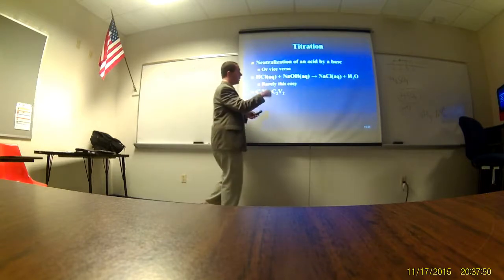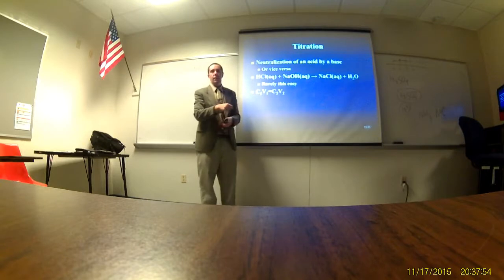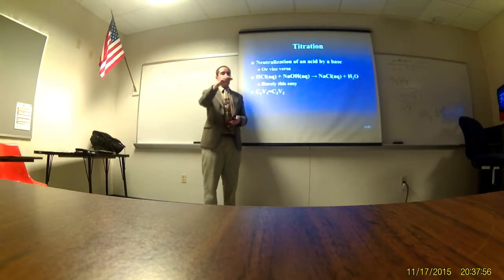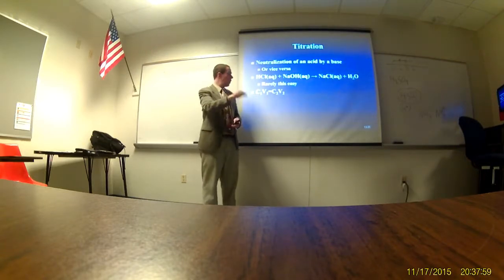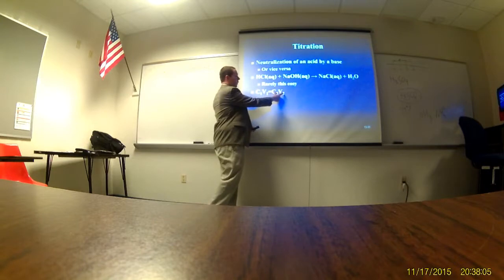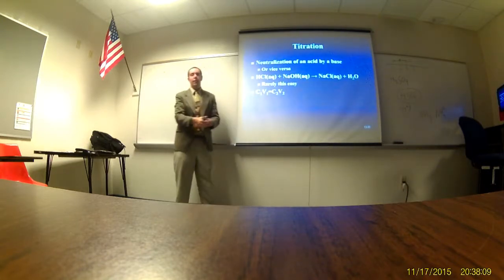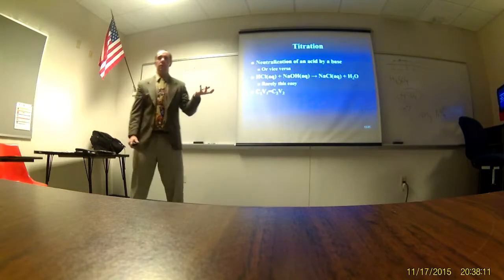You can add, drop by drop, a base that you know the concentration of, and when you hit the point where the color changes, you know the two are equal to each other. You look up how much base you've added. So now you know both of these, and you can calculate how concentrated your acid was to begin with.